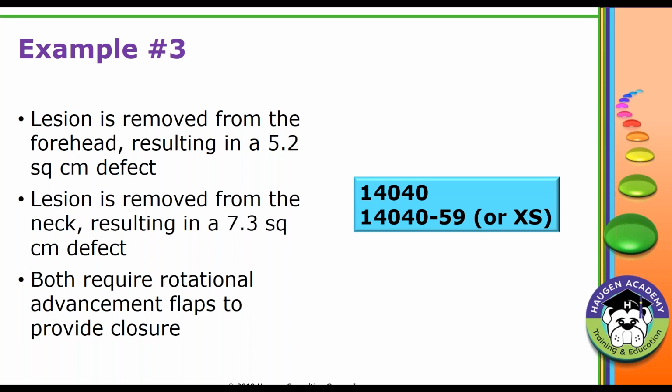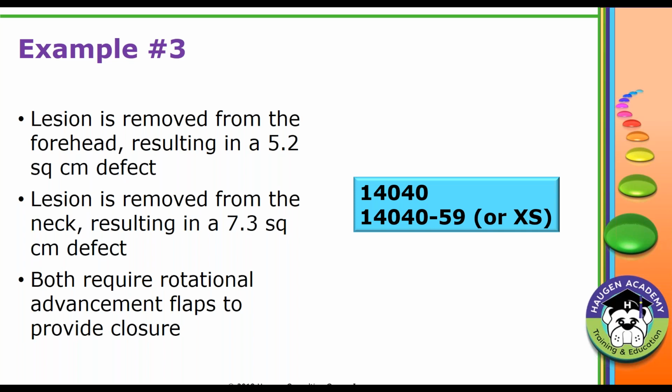They both fall into the same anatomic classification that is defined by the code descriptors, and that's 14040. But they don't have contiguous margins, so they are representing two separate and distinct defects. So we're going to have one code for each of the lesions that were removed and repaired with advancement flaps.